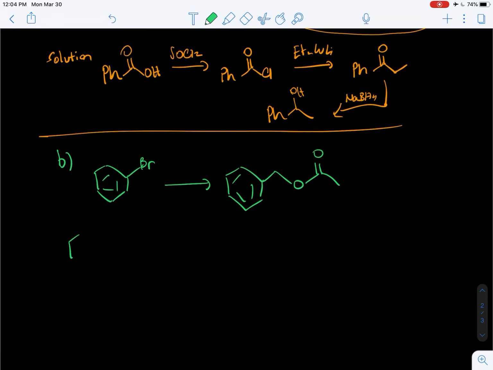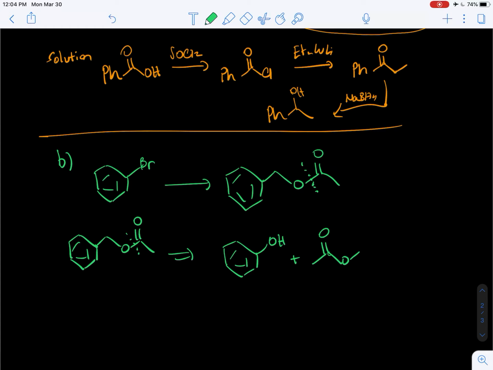I'm thinking that this molecule right here can come from an alcohol and some acylating reagent like acetic anhydride to stick that acetyl group on there. I'm missing a carbon here. I want to watch out and make sure we don't do that. So there's my carbon. Okay.